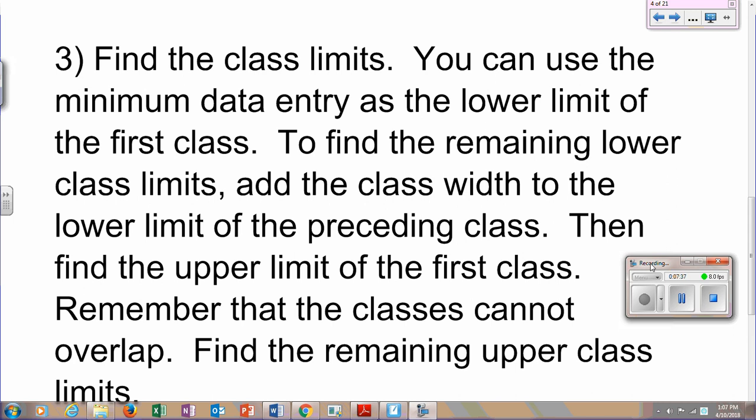Then find the upper limit of the first class. So you would just subtract 1 from the lower limit of the new class. Remember that classes cannot overlap. Then you find the remaining upper class limits by adding the class width to those upper class limits.